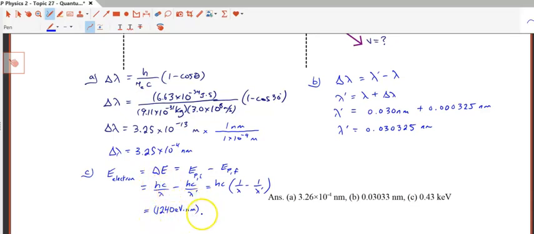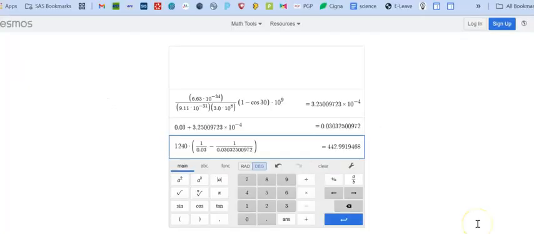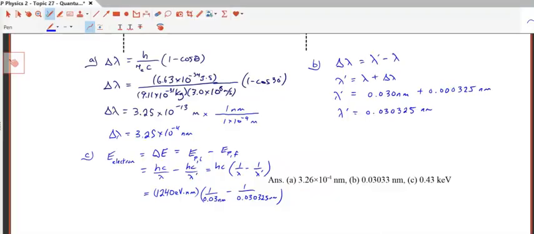And then in the brackets here, I will have 1 over the original wavelength, which is 0.03 nanometers, minus 1 all over 0.030325 nanometers. And this will calculate to be 443 electron volts.